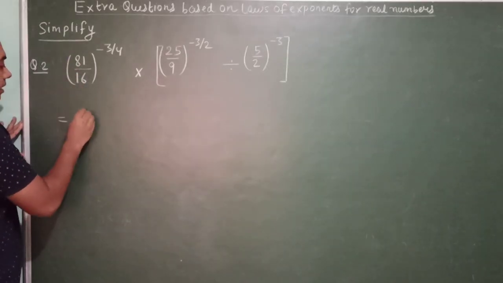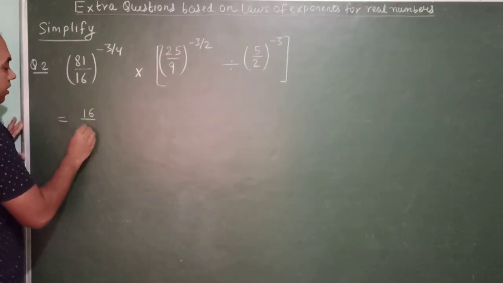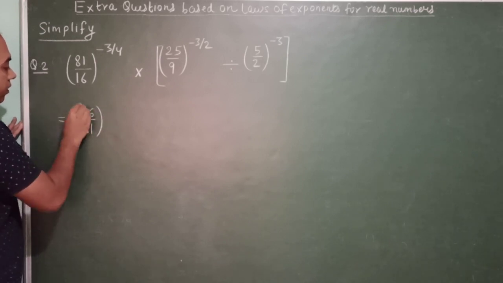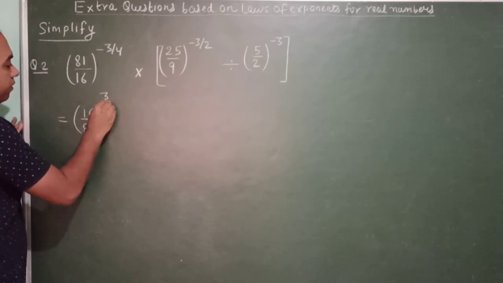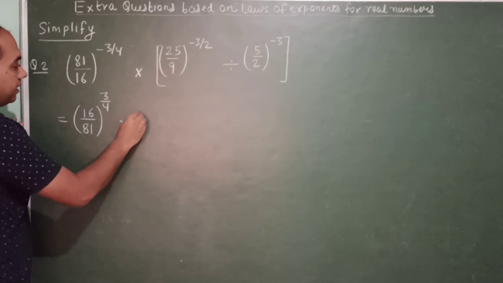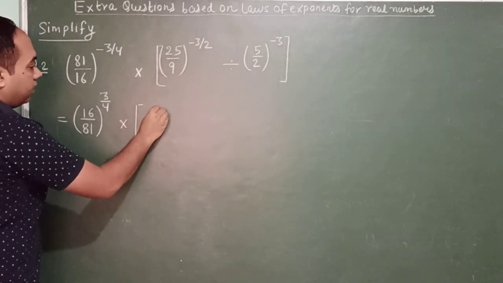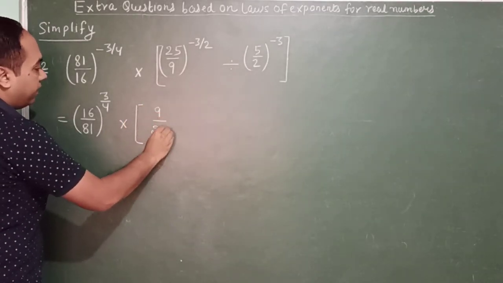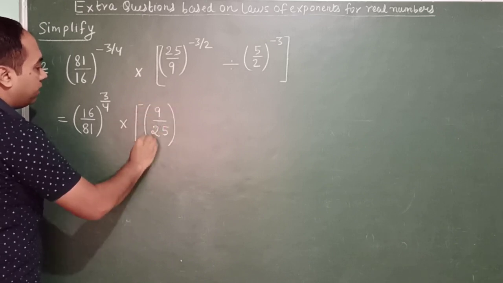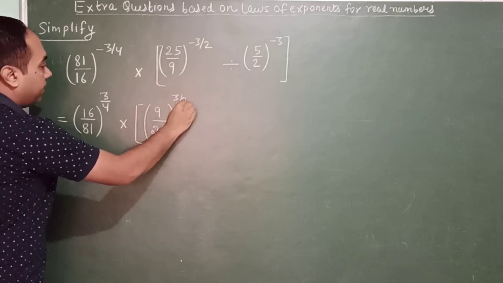So this thing can be written as 16 upon 81 whole power 3 upon 4. Then multiply sign. This will be written as 9 upon 25 whole power 3 by 2.